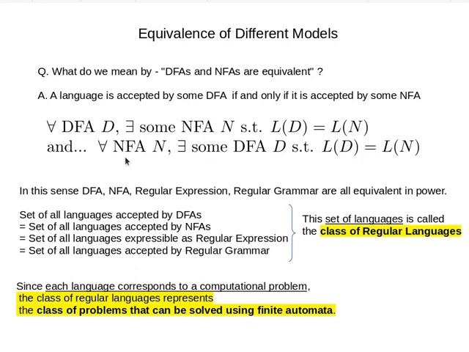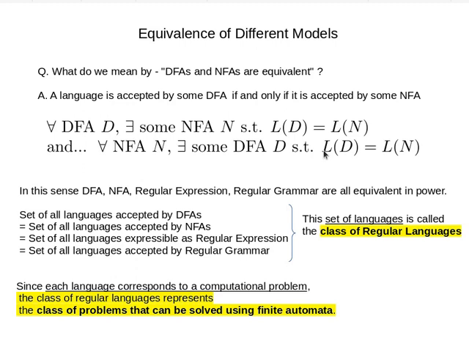So take any NFA N. For that we can construct a DFA D such that this DFA accepts the same language as that accepted by N. So in terms of problems, this DFA will solve the same problem as the non-deterministic one. So in this sense they are equivalent.